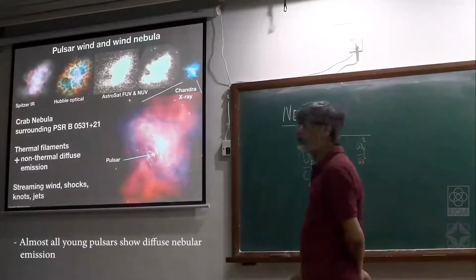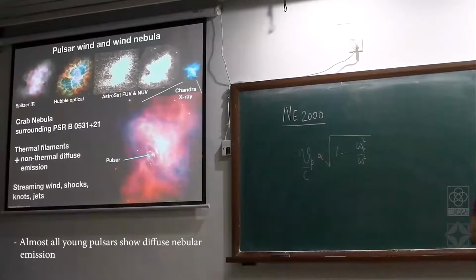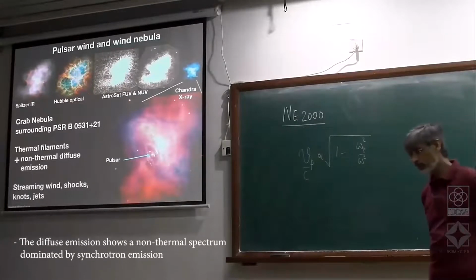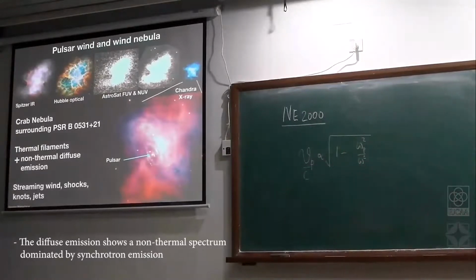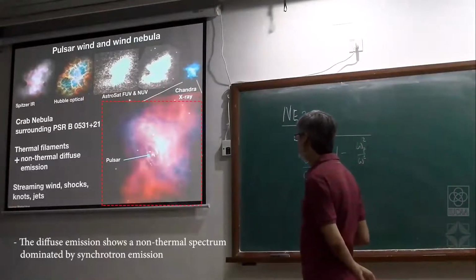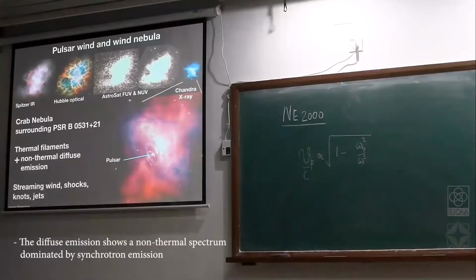In addition, if you look at the spectrum of this, here you see thermal spectrum from the filaments, but for the diffuse part, you see a power law spectrum, non-thermal spectrum of synchrotron radiation, largely from synchrotron radiation. And all these bands which I have shown here is basically dominated by synchrotron radiation in the diffuse emission.